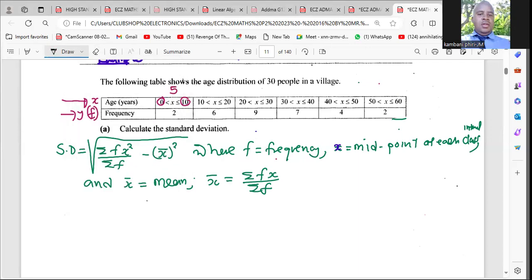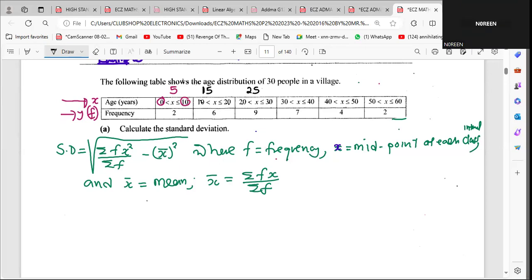So we are going to add 10 to 20. What do we get? 10 plus 20 is 30, divided by 2 is 15. The next class interval is from 20 to 30. So you say 20 plus 30, 50, divided by 2, 25.